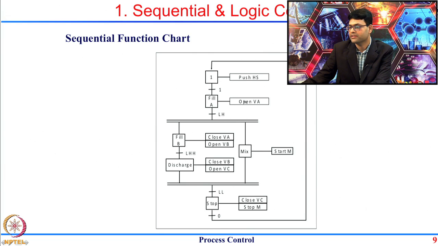When it opens the valve VA, it will start filling material A into the tank, and the level inside the tank will keep on increasing. When the level reaches the value of LH, two things are going to happen, which is why it is shown as parallel tracks after this. One is you will start filling B; for that you have to close valve A and open valve B. And parallelly you also have to start the agitator. So, the motor will also start.